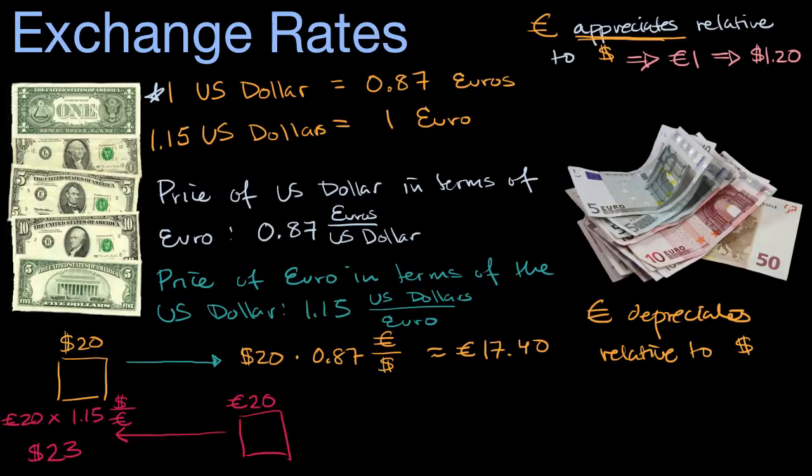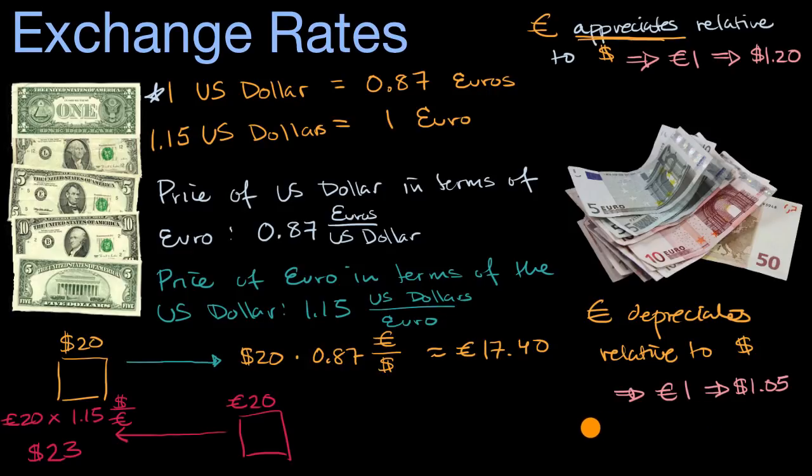So this could be a situation where the euro is depreciating relative to the dollar, and 1 euro is now equal to fewer dollars. So maybe it's now equal to $1.05. With this as a starting point, this would also be a situation where the dollar has appreciated relative to the euro.